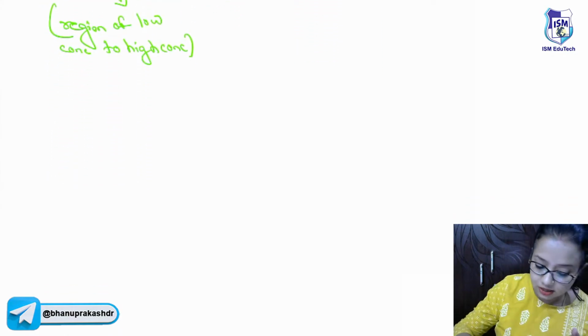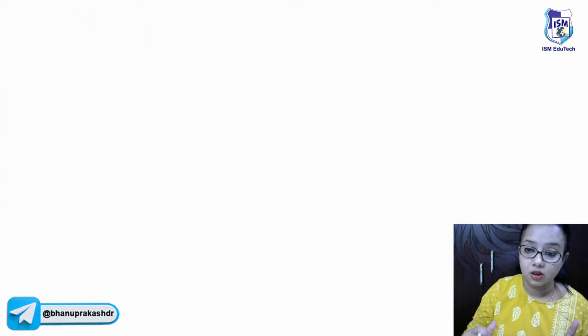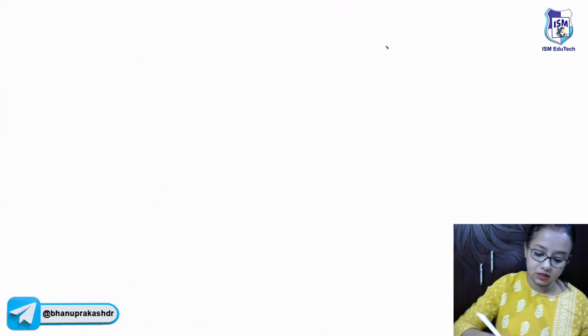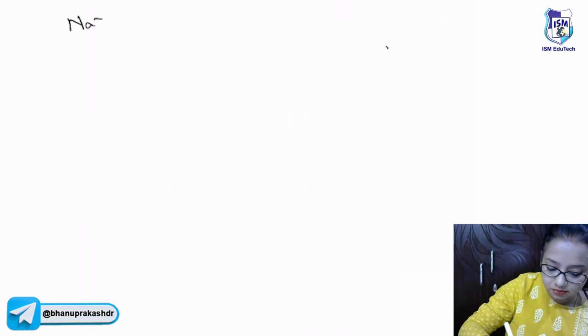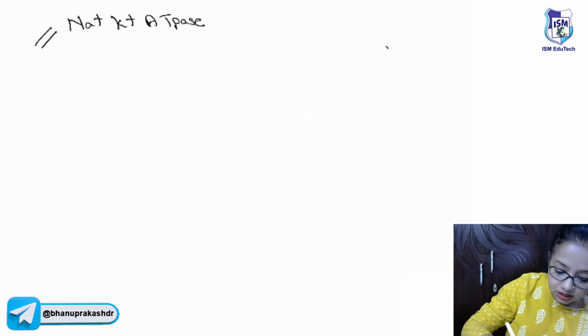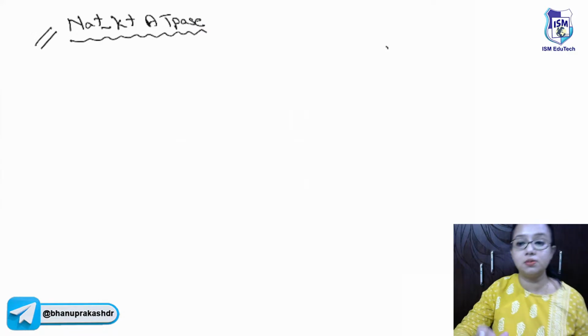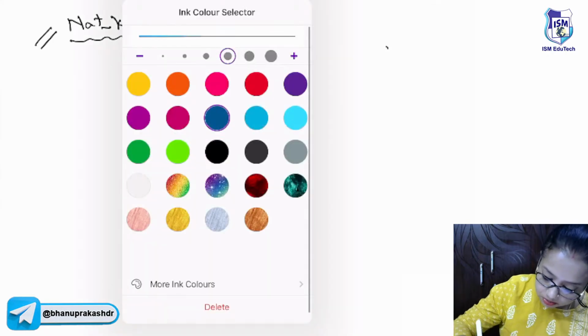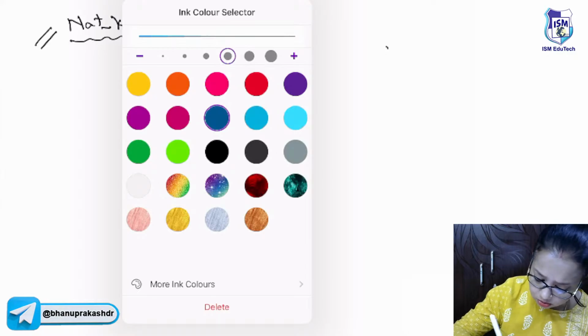To understand the functioning or mechanism of this primary active transport, we will take the example of the sodium potassium ATPase pump. Let us understand and study what this sodium potassium ATPase pump is. First reason why we are going to study this pump: there are so many other pumps also, right?